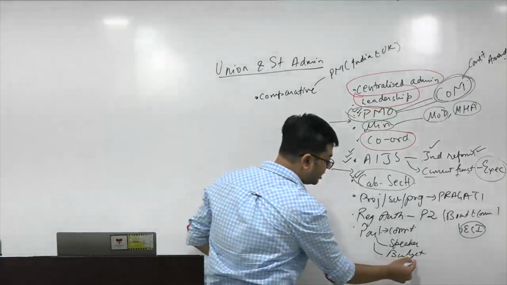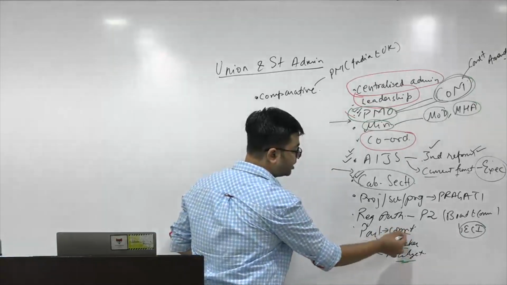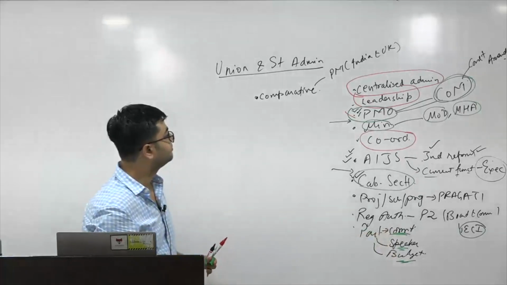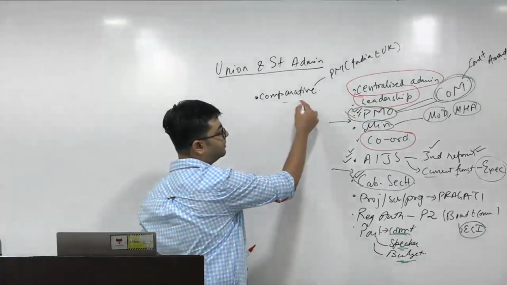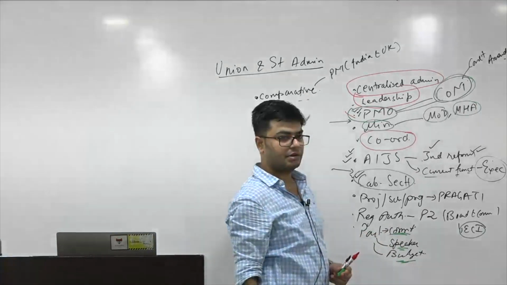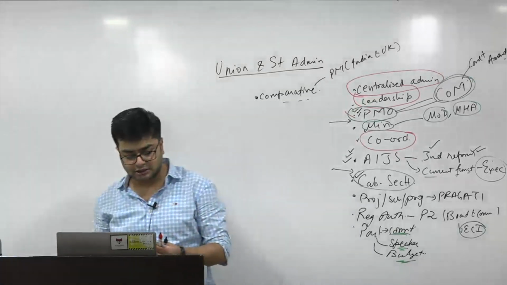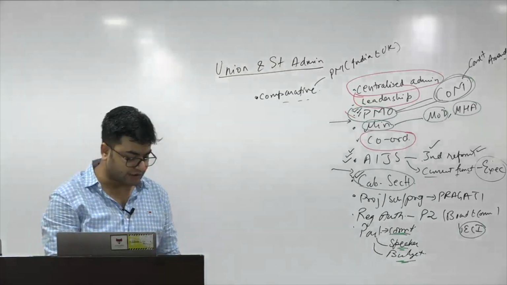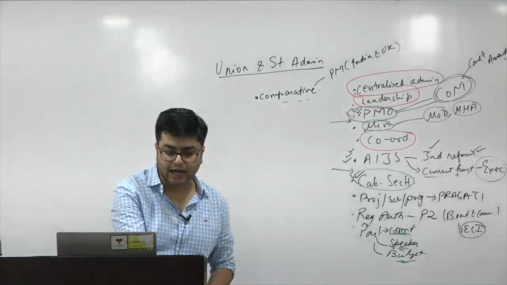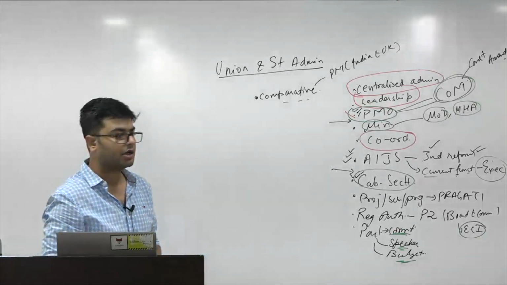Phenomena like budget, speaker, committee system, and this comparative sense. So these are the highlight, or should I say the hero areas that we need to focus from this unit.